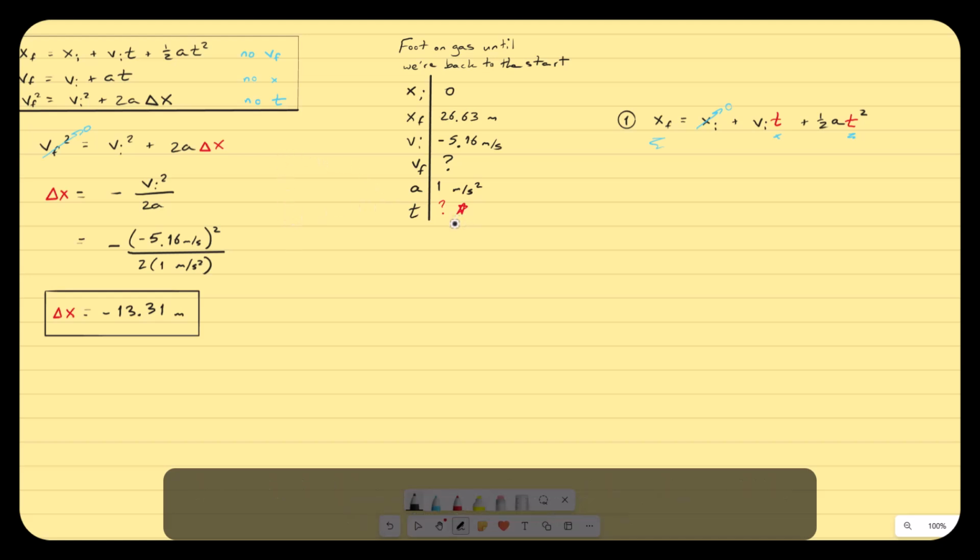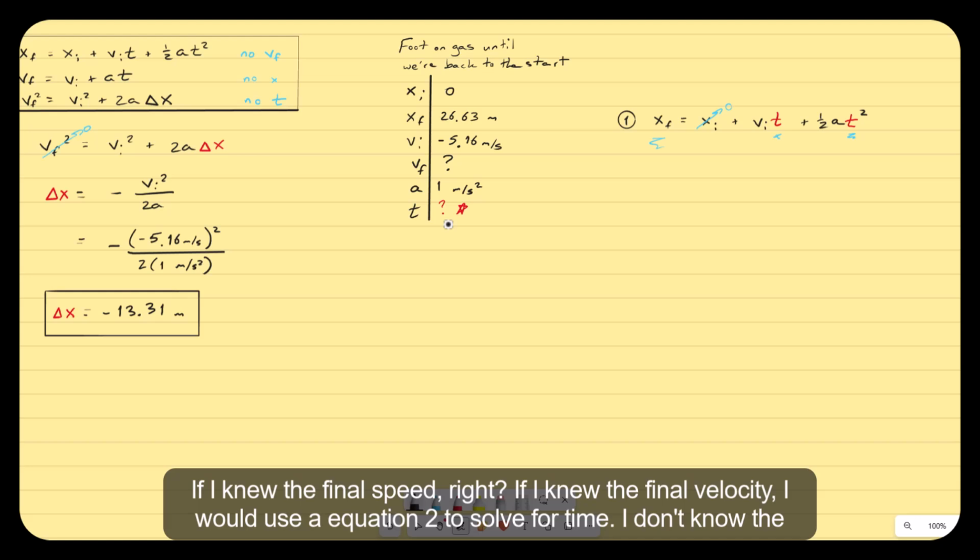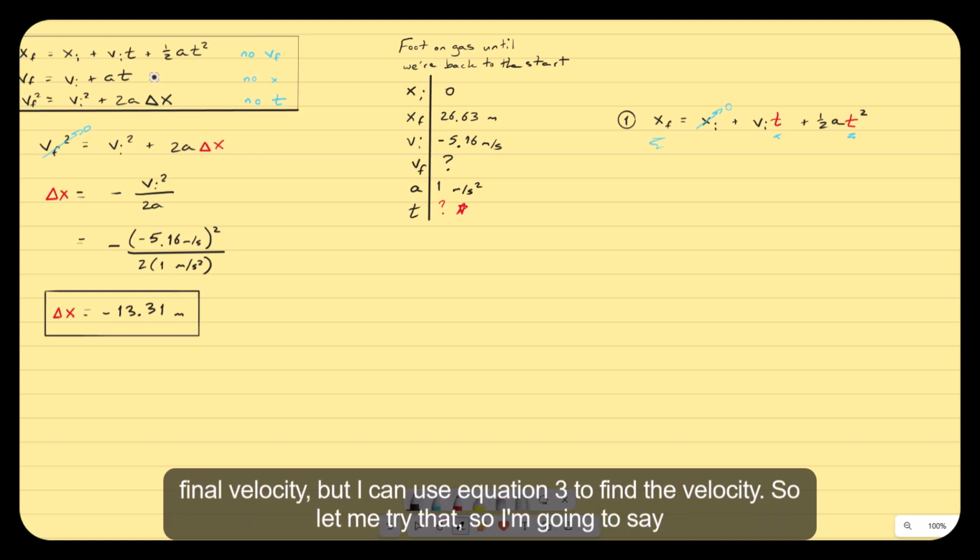Not a big deal, but another option would be, this would be really easy to solve for time if I knew the final speed, right? If I knew the final velocity, I would use equation 2 to solve for time. I don't know the final velocity, but I could use equation 3 to find the final velocity. So let me try that.